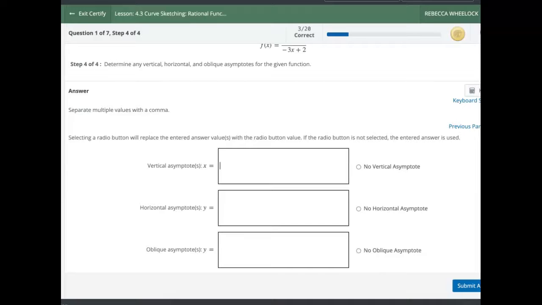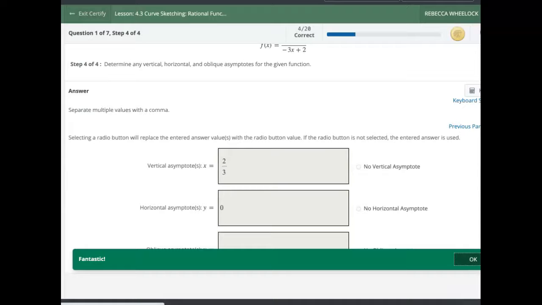Remember, our vertical asymptote was where x equals 2/3. Our horizontal asymptote was y equals 0, and we don't have an oblique asymptote because our rational function is not in the form where you have 1 higher degree in the numerator than in the denominator. All right, good one.